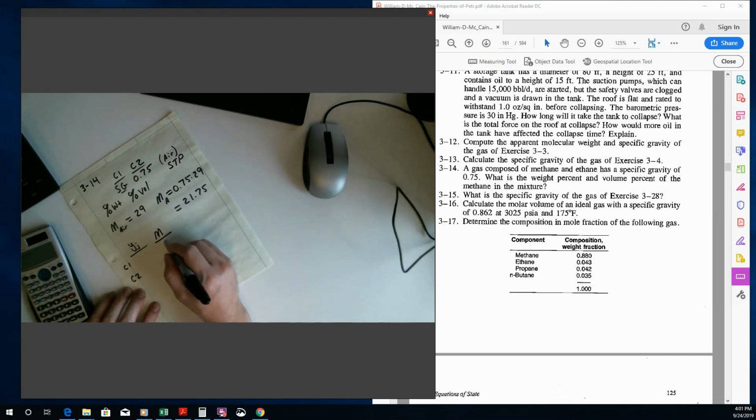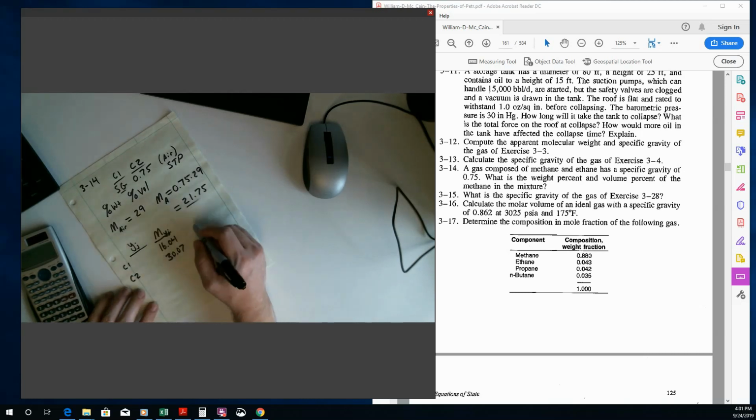Here are the molecular weights of the components. The molecular weight of methane is 16.04, ethane is 30.07. So we see the mixture value has to lie between those two values. It's heavier than methane, lighter than ethane.